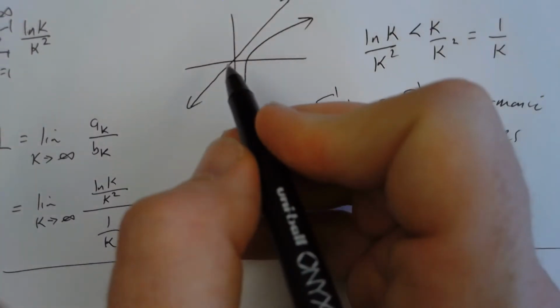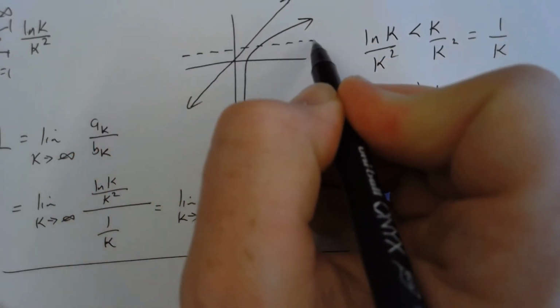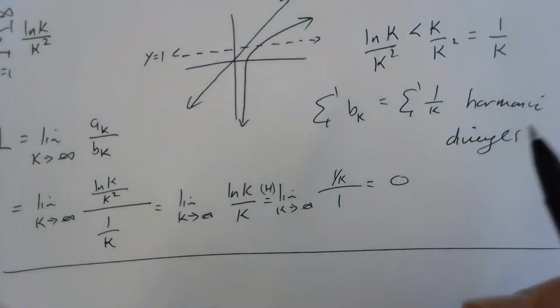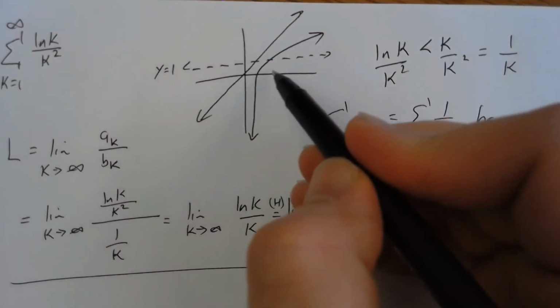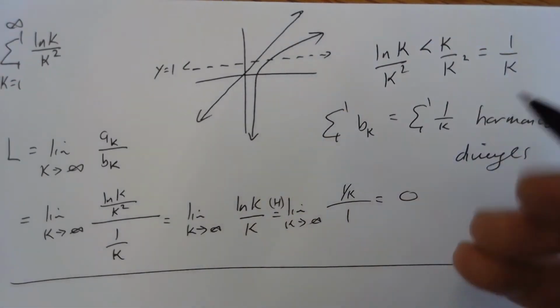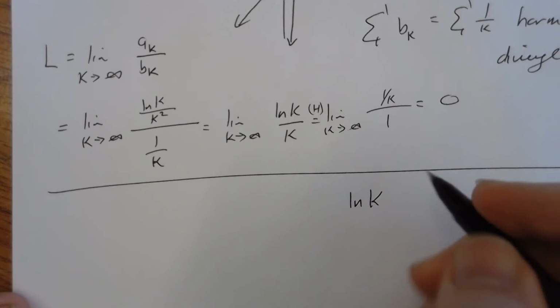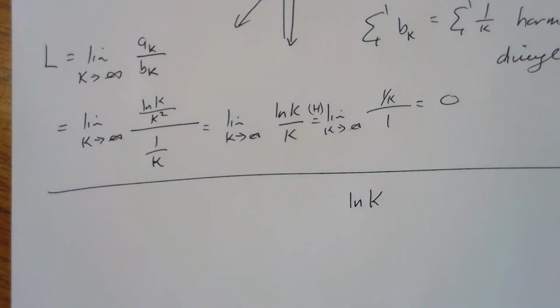So if I were to draw in another function here, I'm going to use a dotted line. This is the dotted line y equals 1. After a certain point, you'll notice the function y equals 1 is always below it, and again, it might help us for comparison. So the natural log of k is always going to be, after a certain point, we can start ignoring certain terms.